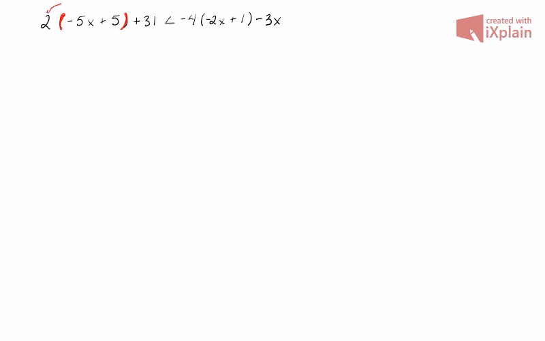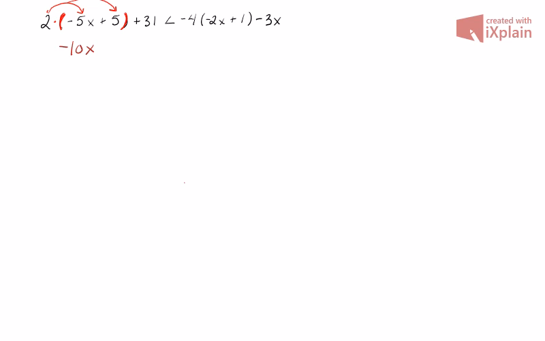So I'm going to use my distributive property, which is telling me that since the 2 is being multiplied by that grouping, I need to multiply each term within the grouping by the 2. So my result in this case is going to end up being 2 times negative 5x, which gives us negative 10x.